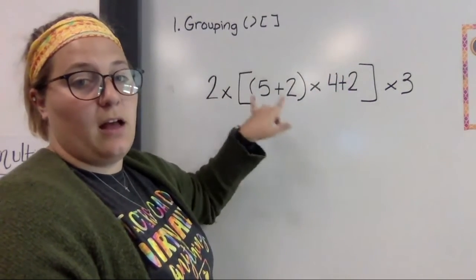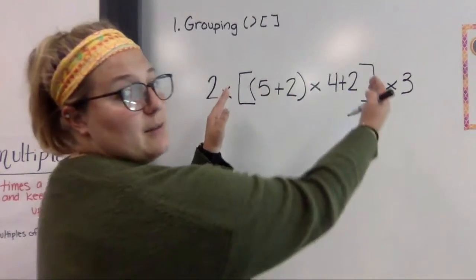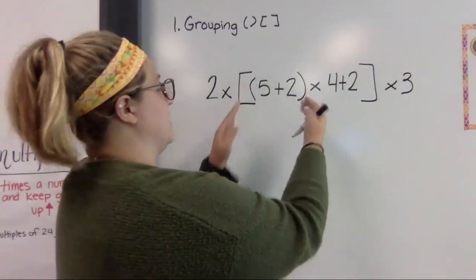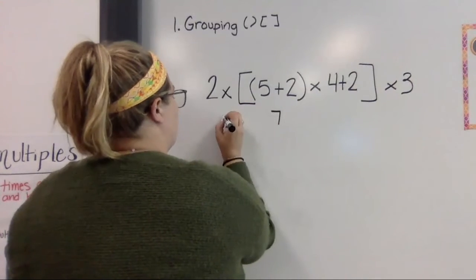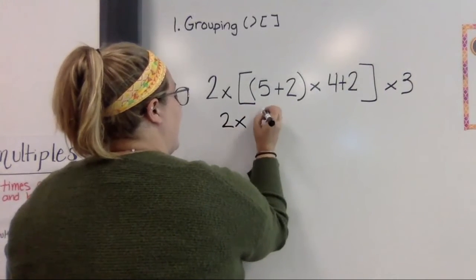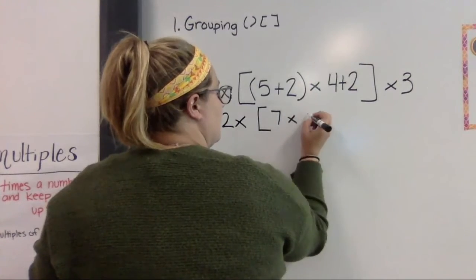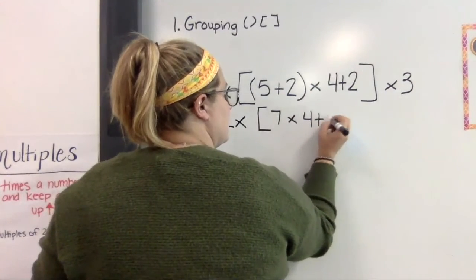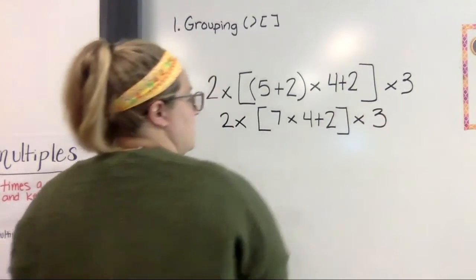Well, within that, I also have parentheses. So that's my very first because it's inside the brackets, then it's a parentheses inside the brackets. So that is 7. So then, like I said, I then bring everything I haven't used down to continue solving.